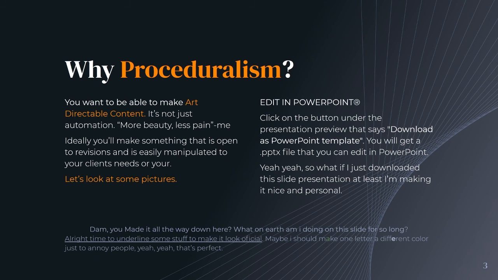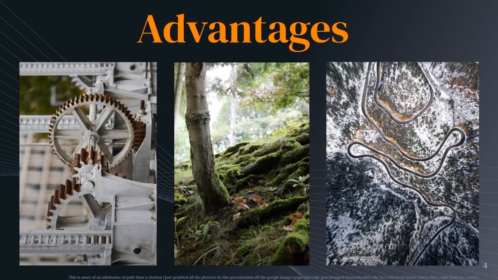All right, so let's go look at some pictures. Some advantages. On the left here, you see a bunch of gears and repeating patterns. If you wanted to create this gear manually, you would have to go through, select all these, pull them out an exact amount, and it'd be very tedious. But with procedural building, you can tell the gear this radius and then every other segment extrudes to this amount.